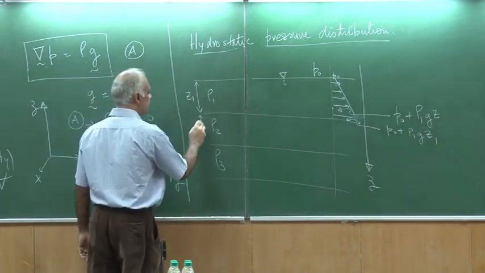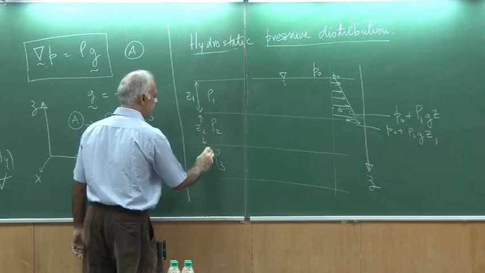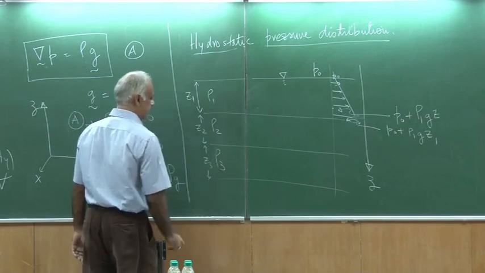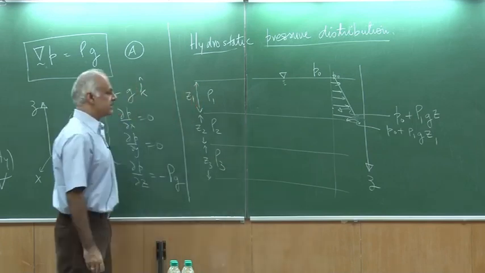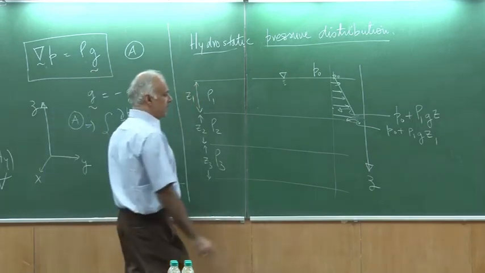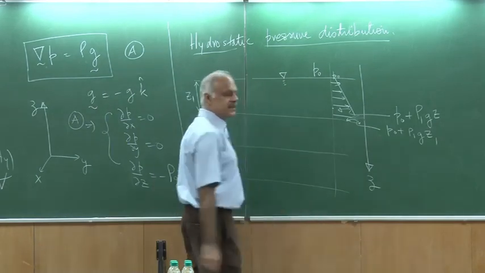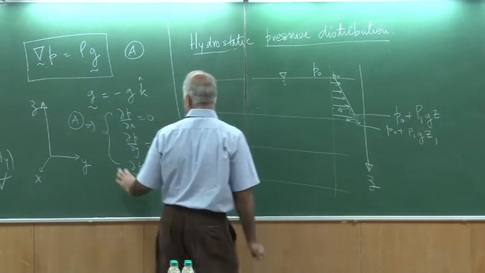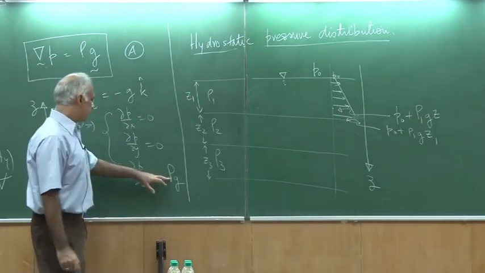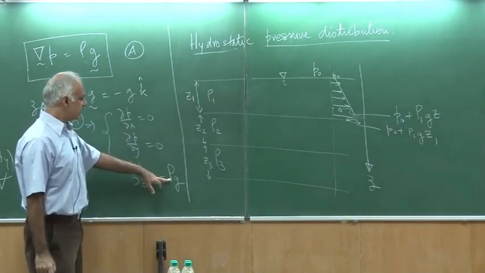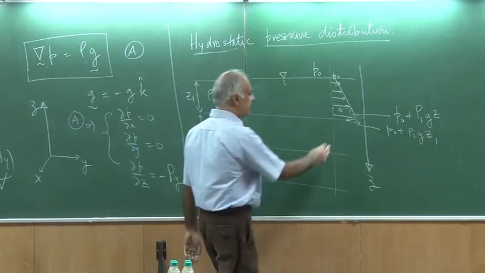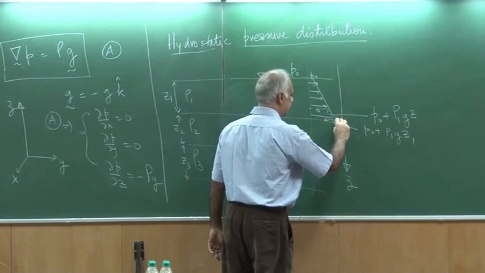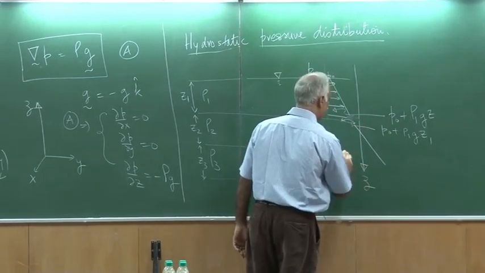Similarly, I could call this depth z2 and this one z3, and of course there could be more fluid below this. Now, when I come to a point in fluid number 2, then I would have to integrate this equation, because when I integrate it I have to account for the change in density. So, the pressure would vary linearly here and it could have a different slope. So, maybe it has a slope like this.